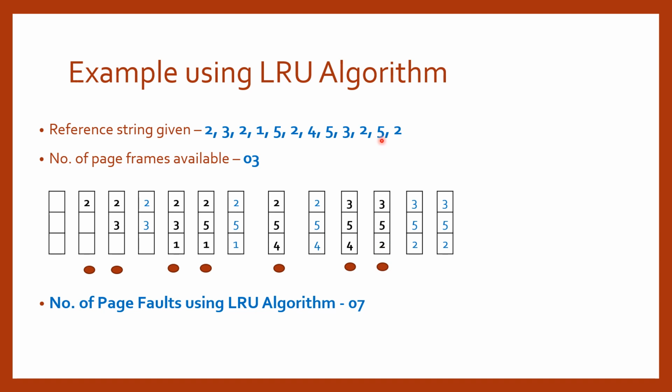Now the request comes for 5, 5 is already there, so no page fault. Again for 2, 2 is already there, so no page fault. So our reference string is complete. Now we'll count our page faults: 1, 2, 3, 4, 5, 6, 7. So the number of page faults using the LRU algorithm is 7.